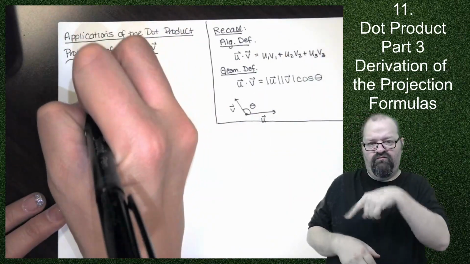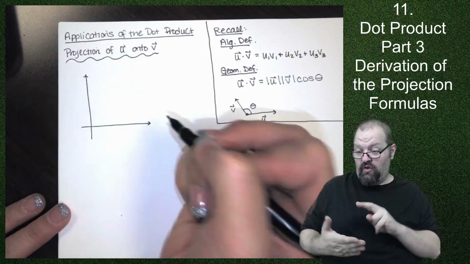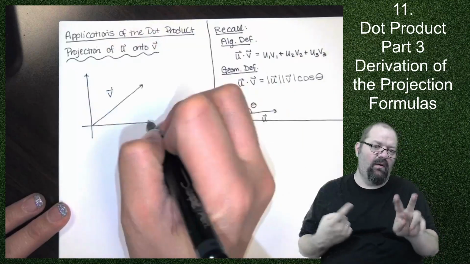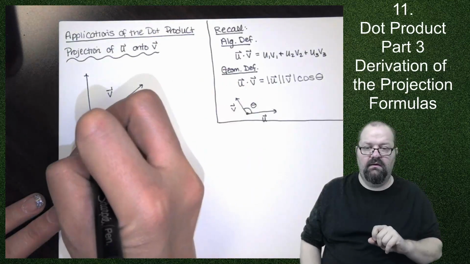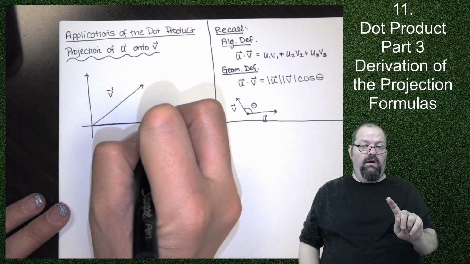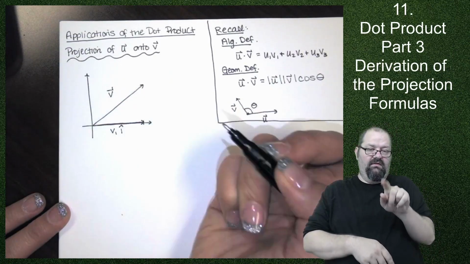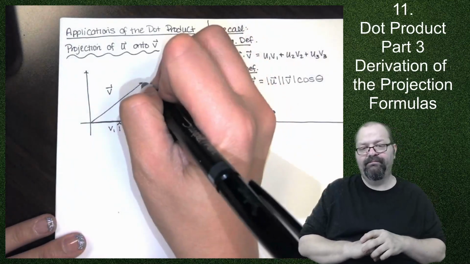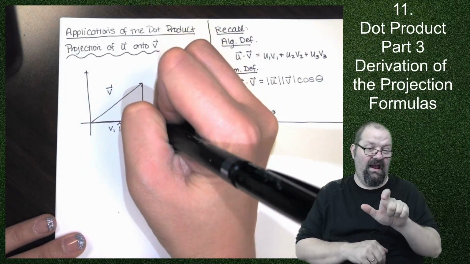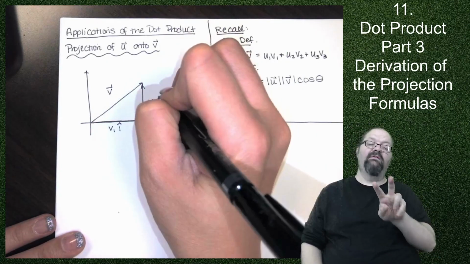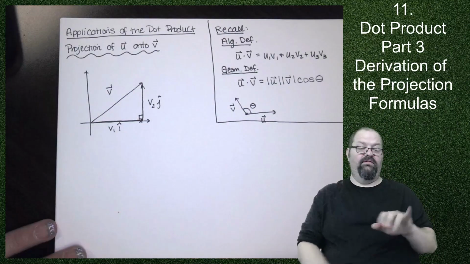Whenever we look at v in component form, so let's say this is our vector v, and it has components v1 times i hat as its x component, its vector component, and v2 times j hat as its y component.